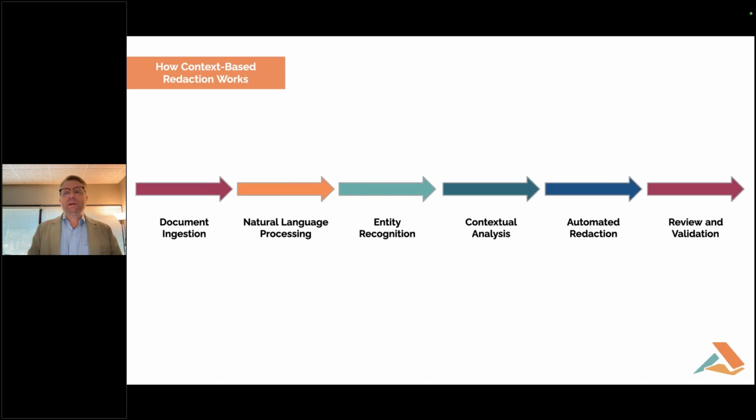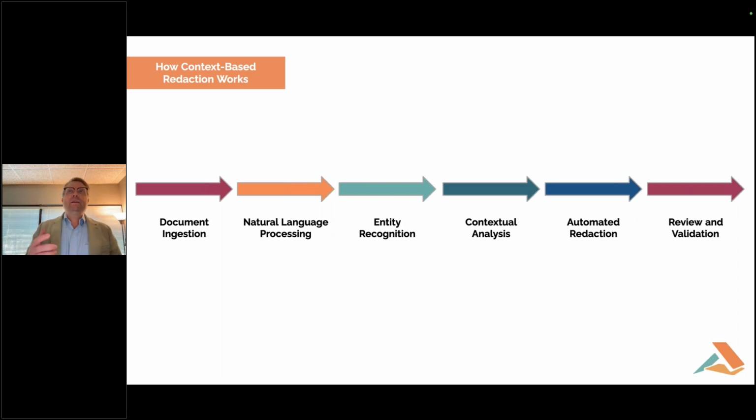So natural language processing uses AI to analyze the text and understand the meaning, the relationships and the entities in that document. As it understands that, it starts to identify where some potential sensitive data could be, and that's where you get into entity recognition, which is recognizing very specific things.